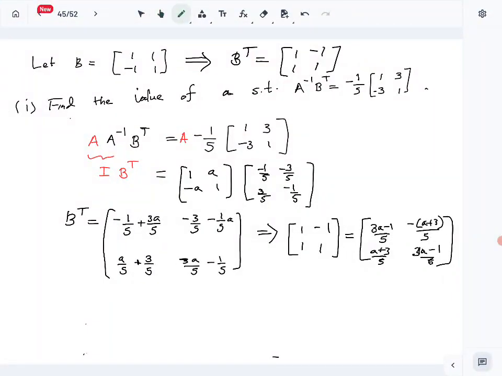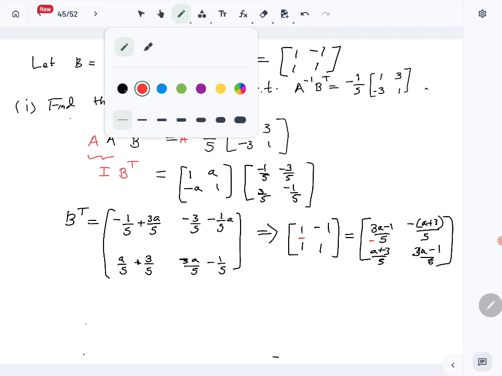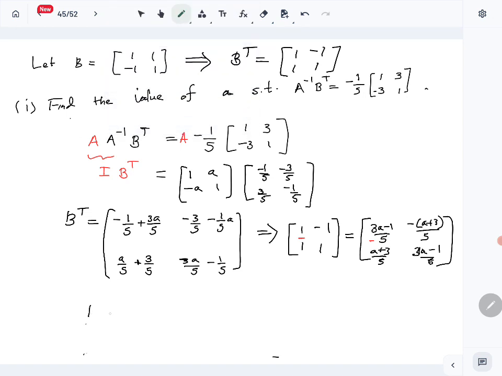So let's equate the first element in each matrix. So you get 1 is equal to (3a minus 1) over 5, or 5 is equal to 3a minus 1, 3a is equal to 6, or a is equal to 2.